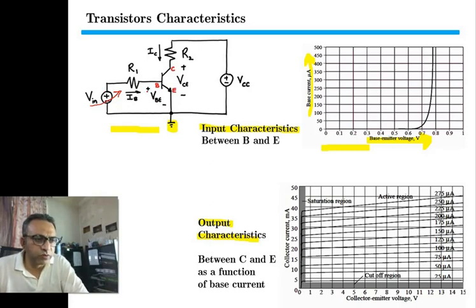And then there is voltage base emitter, VBE. So on the x-axis is the base emitter voltage, and on the y-axis is the base current. And we will find the characteristics when we increase the input voltage from 0 volt to 1 volt.